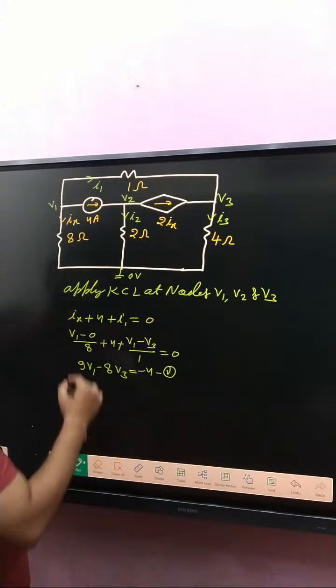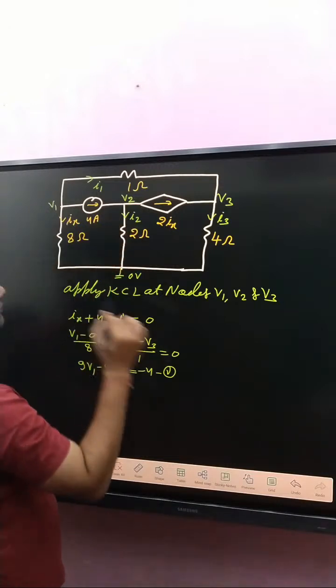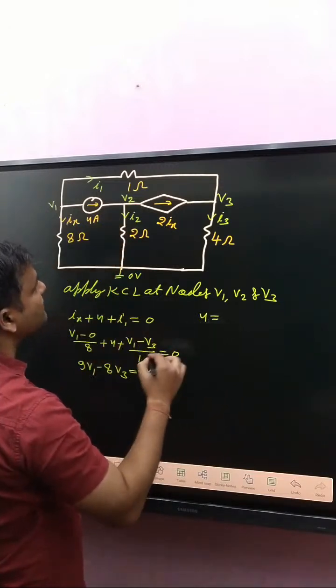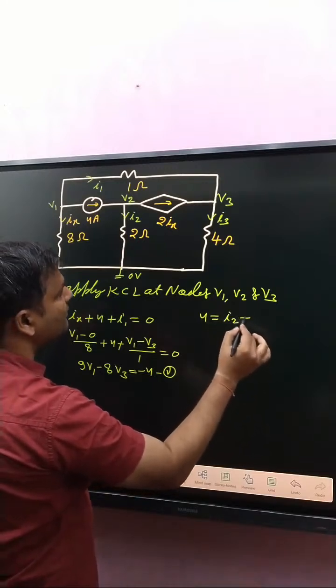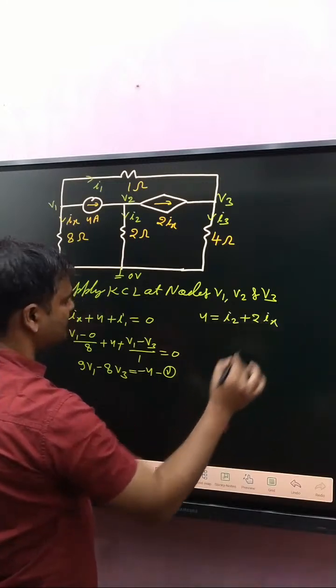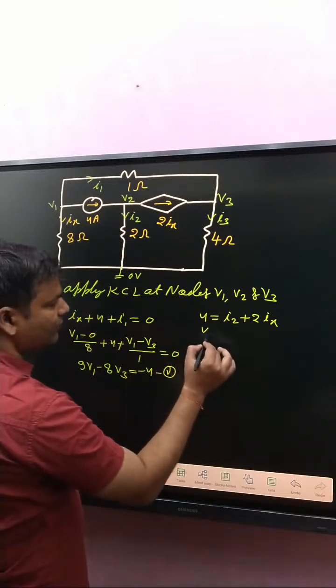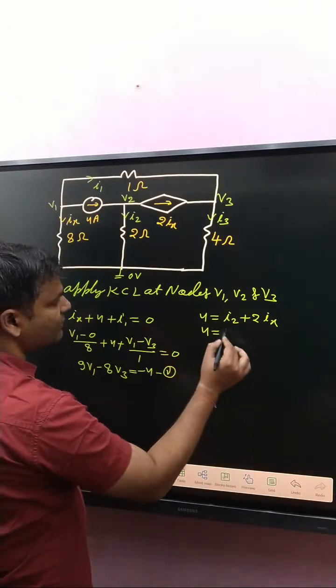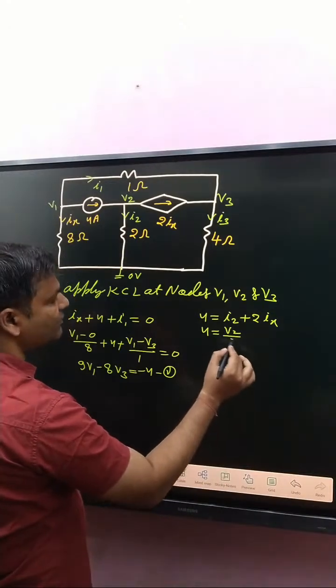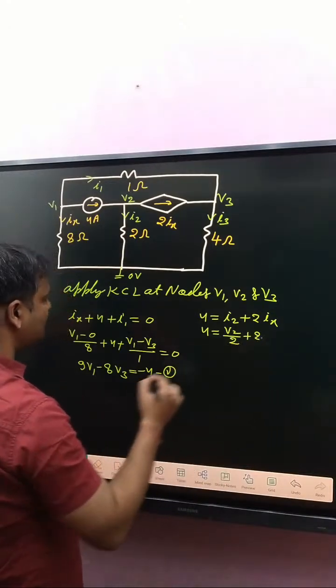After that, apply KCL at that node. 4 ampere is equal to I2 plus 2Ix. What about Ix? And what about I2? 4 is equal to I2, which is V2 minus 0 divided by 2, plus 2Ix, which is how much?